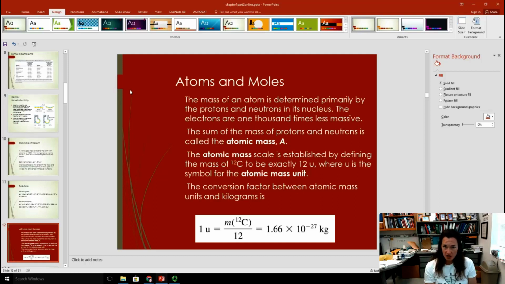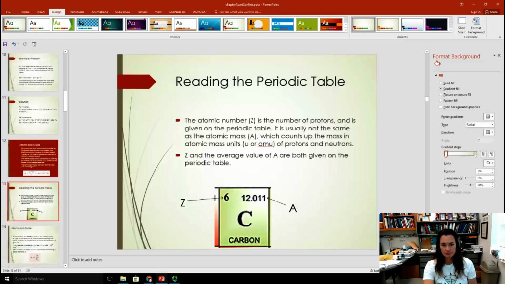To convert between atomic mass units and the SI standard of mass, which is the kilogram, one atomic mass unit is 1.66 times 10 to the minus 27 kilograms. Now these are tiny little masses, which makes the atomic mass unit a more convenient unit for discussing mass of nuclei and atoms.